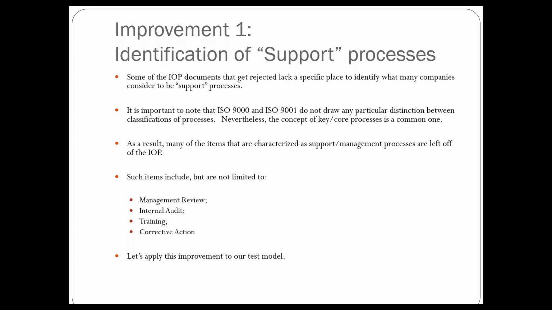So what do we typically mean when we talk about a support process? Well, these are going to be things like management review, internal audit, training, corrective action, and so forth. These are parts of your system, absolutely, but they are supporting the system at large. So how can we represent that? Well, here's an idea.